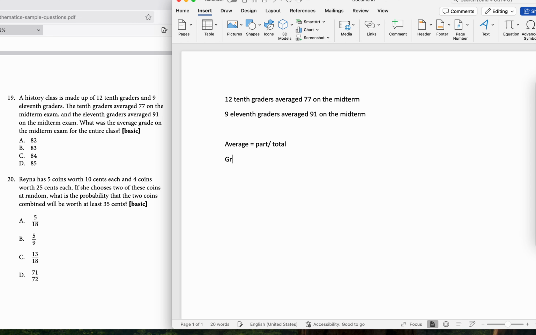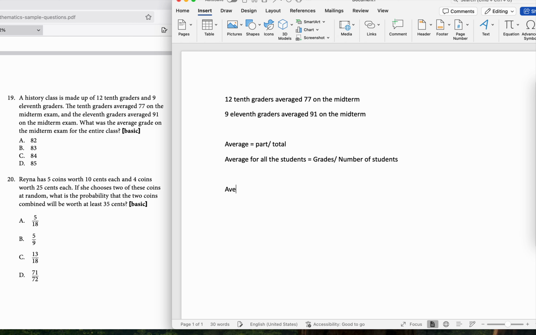We're adding grades and dividing them by the number of students, and that's going to give us the average for all the students. Well, they don't really tell us what their grades are, but because we know this formula for the average, we can start figuring out what the grades are.